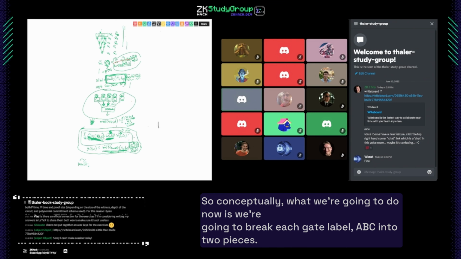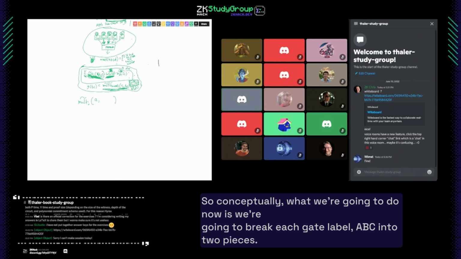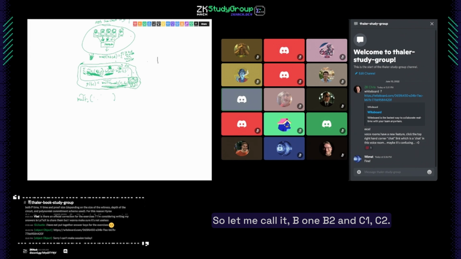So conceptually, what we're going to do now is break each gate label A, B, C into 2 pieces. So let me call them A1, A2, B1, B2, and C1, C2.